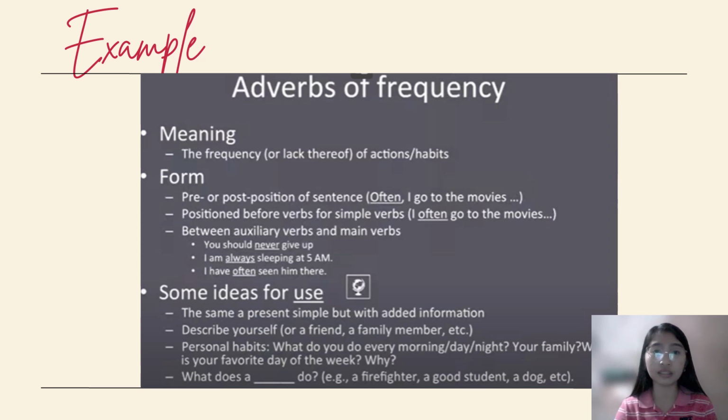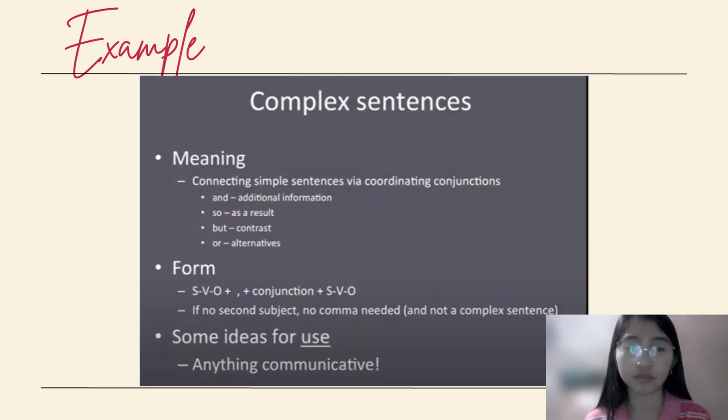And the last one, if the topic is complex sentences, for the meaning, the teacher will discuss connecting simple sentences via coordinating conjunctions: and is used for additional information, so for the result, but for contrast, and or for alternatives.